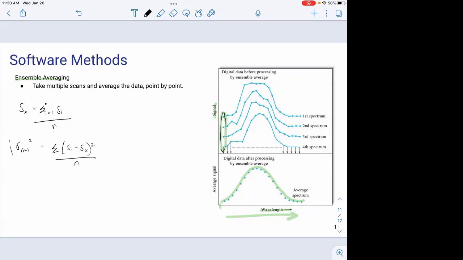The root mean squared noise would be the square root of this. I should probably just call this mean squared. So root mean squared would look like this: the sum of s sub i minus s sub x squared over n, and the square root goes all the way down.